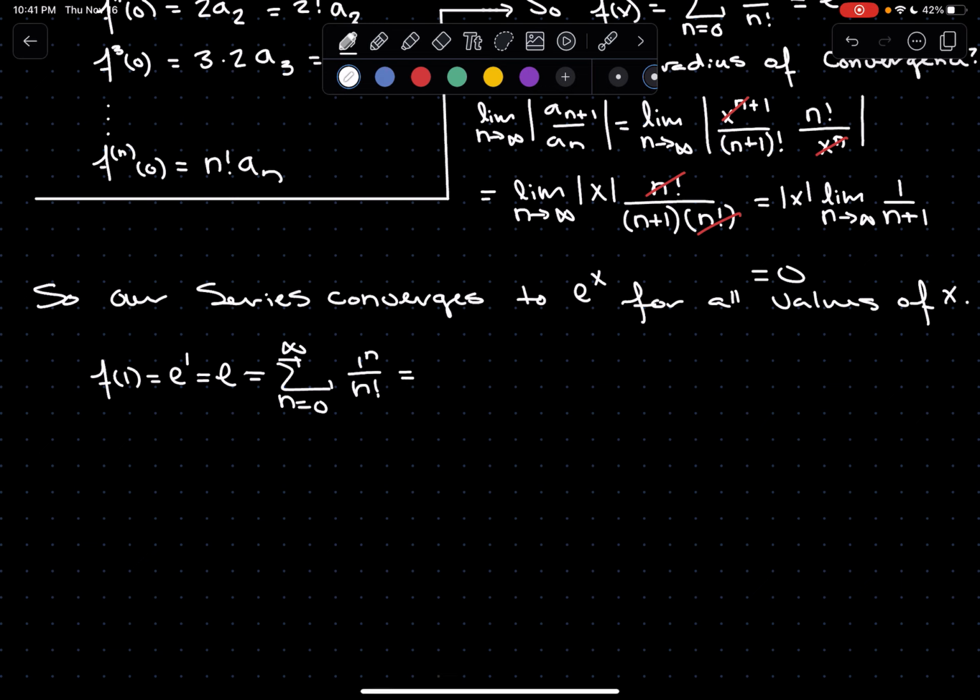And this is just equal to the sum from n equals 0 to infinity of 1 over n factorial, which is just equal to 1 plus 1 plus 1 over 2 plus 1 over 6 plus 1 over 3 times 4, what's 6 times 4, 24.